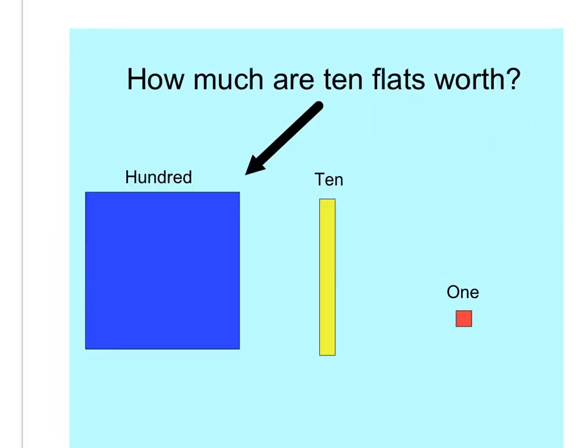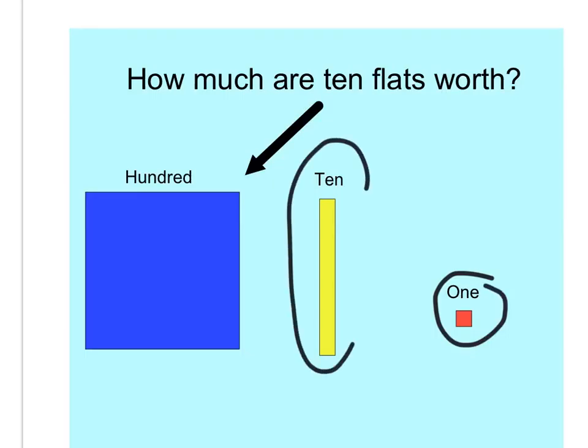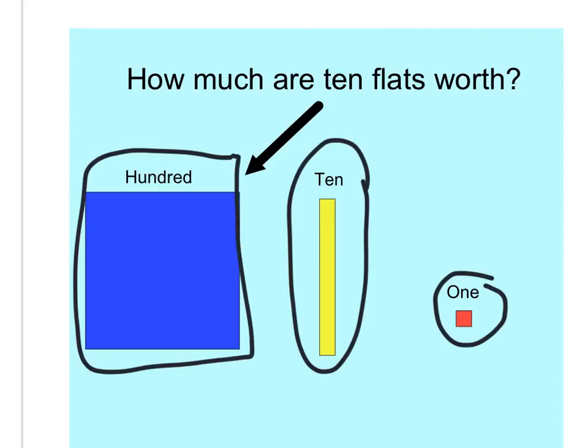So let's look at the base 10 blocks that you're used to seeing. We have the ones, we have the tens, and we have the hundreds. And the reason we call these ones, tens, and hundreds is this is a representation of the number 1, 1 digit, 1 thing.